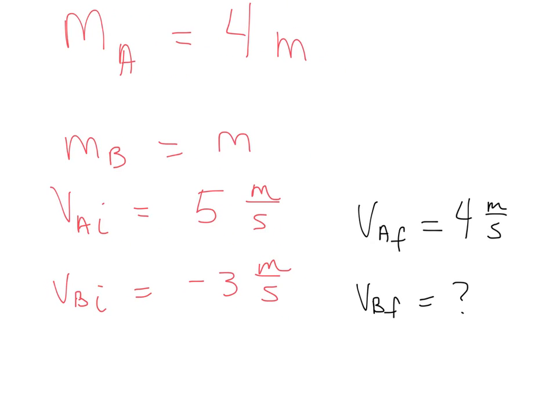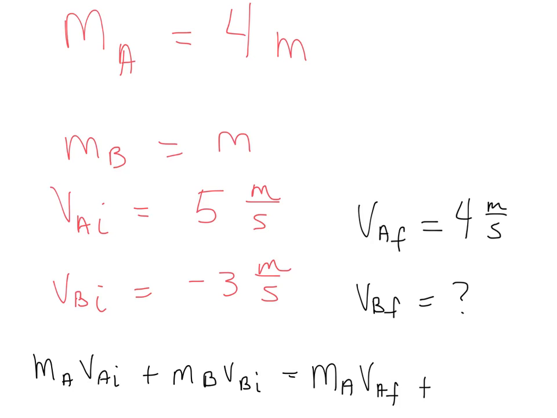So before the collision, I've got mass of object A times its initial velocity plus mass of object B times its initial velocity equals mass of object A times its final velocity plus mass of object B times its final velocity. I'm just mixing it up so you see that it makes no difference. It's the exact same formula that you have on your formula sheet right here. It's identical, except for A, put a 1 in, and for B, put a 2 in.